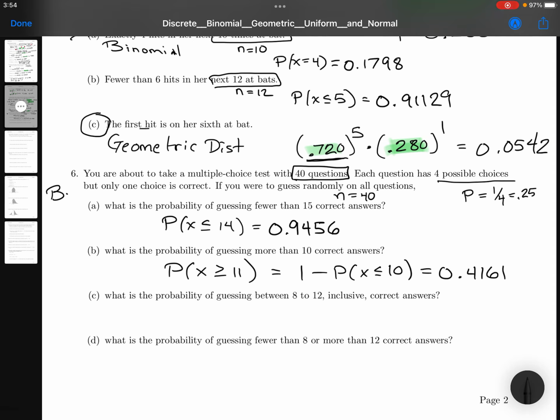All right. C, what is the probability of guessing between 8 and 12 inclusive? So probability 8 is less than or equal to x, less than or equal to 12. Is the probability x is less than or equal to 12 minus the probability that x is less than or equal to 7. So we did one like this just a few minutes ago with the airlines. So we're just going to give you the answer real quick. This is a binomial probability.